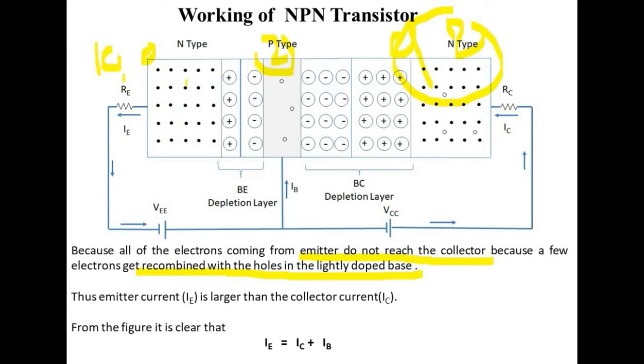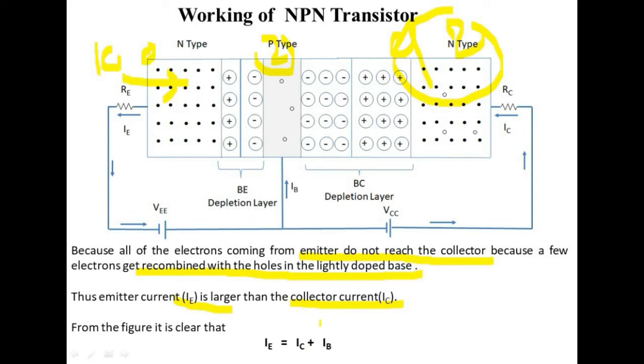Emitter current was due to these 100 electrons, but collector current is because of these 98 electrons. So it is very clear that emitter current IE is larger than collector current IC. We have already seen this case when we were studying the PNP transistor. And from the figure it is clear that IE equals IC plus IB.